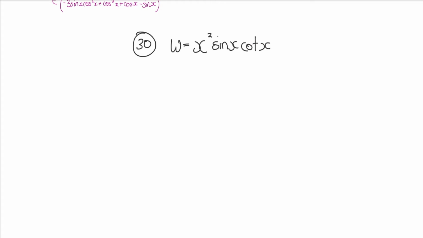Okay, so let's make sure that we're not dealing with something a little simpler than we think. So remember, cotan of x has some sine of x on the bottom. So really, those cancel, and we get x squared times cos of x, right?